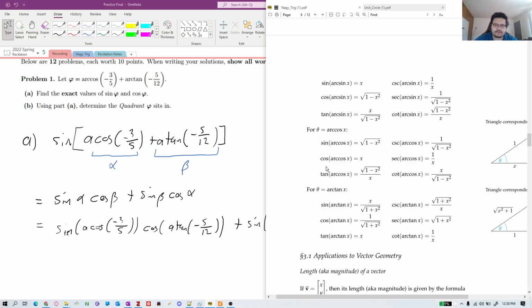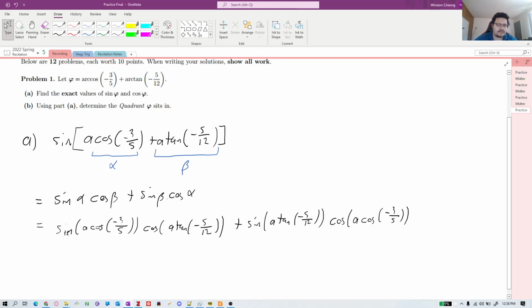Sine of arc cosine is going to be this expression. We have x is this -3/5. If I first just replace using the formula, maybe that is a bit better on showing the grader what we're doing. So if I write it like this without actually taking that square, then it shows what the formula is that I'm applying.